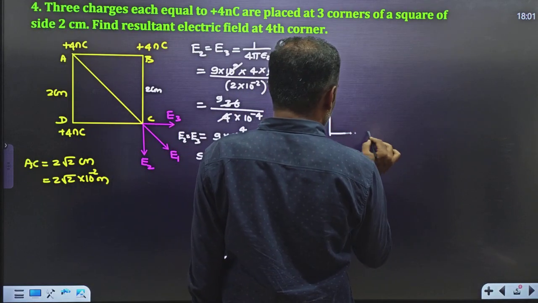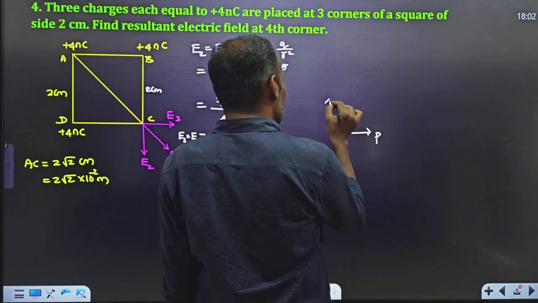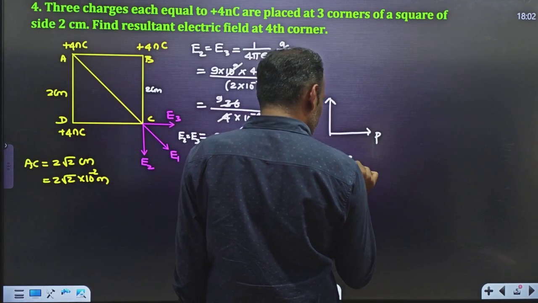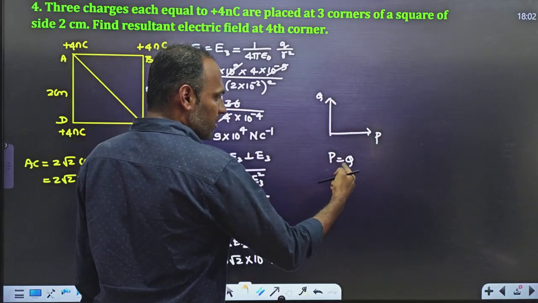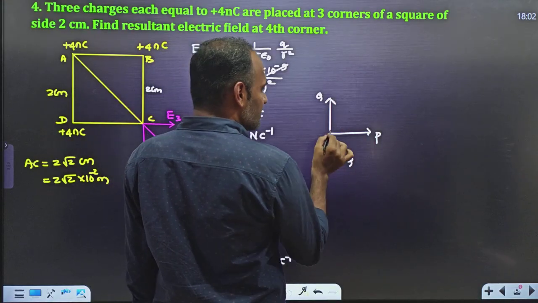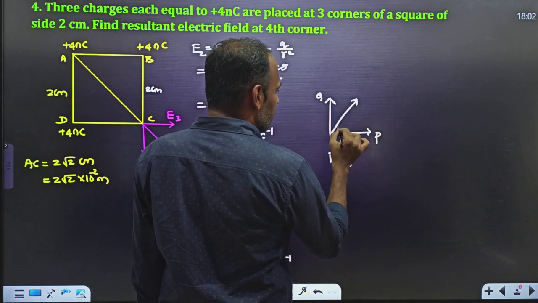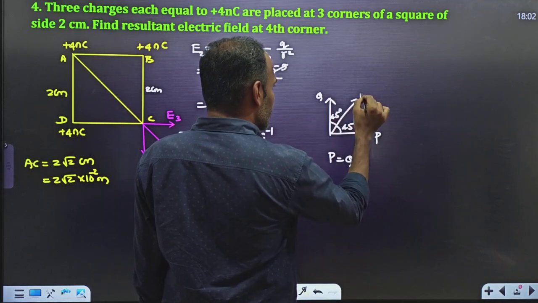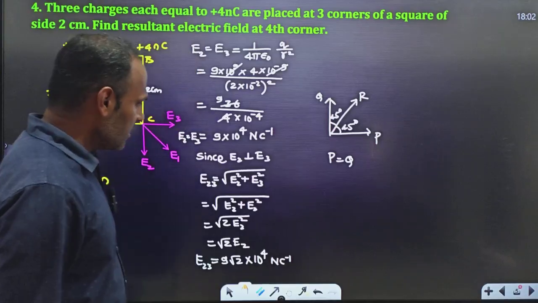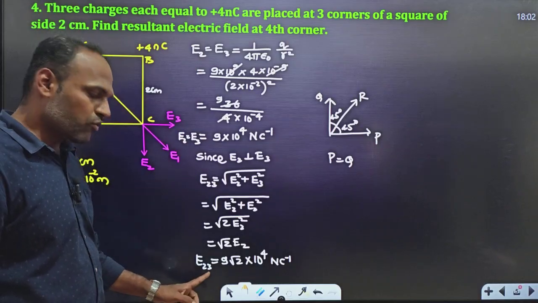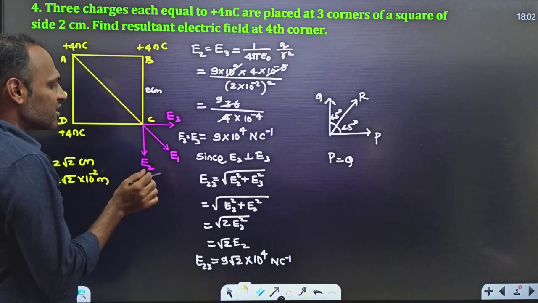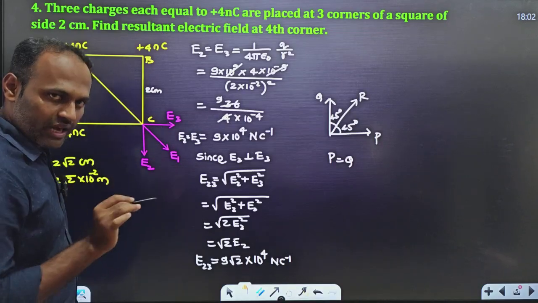If two vectors are perpendicular to each other and if these two vectors are equal, the resultant of those two will be exactly at 45 degree from P and 45 degree from Q. Here will be the resultant. Since E2 and E3 both are equal, the resultant will be exactly at 45 degree, which means it will be along E1. Why along E1?